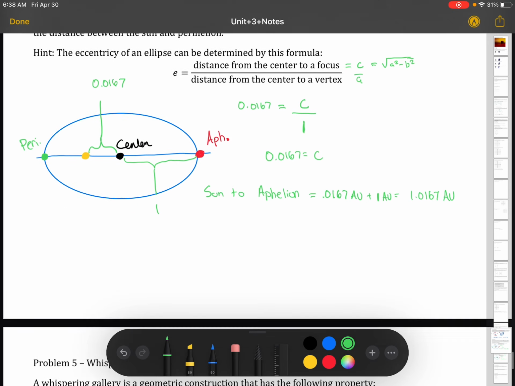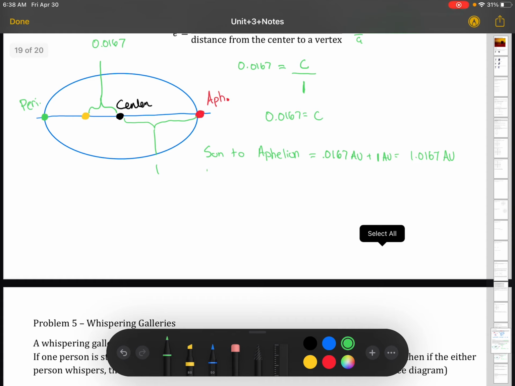And then the distance from the sun to perihelion is, all right, so the entire distance is 1, right? So the whole thing is 1.